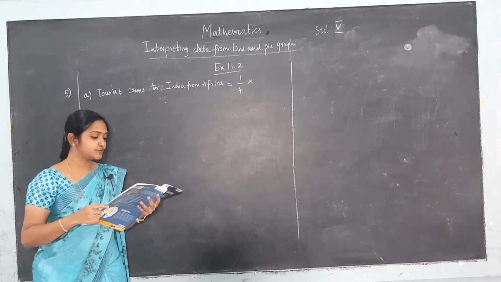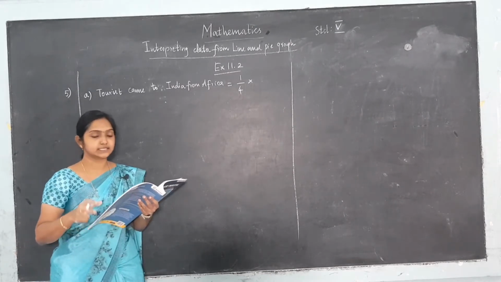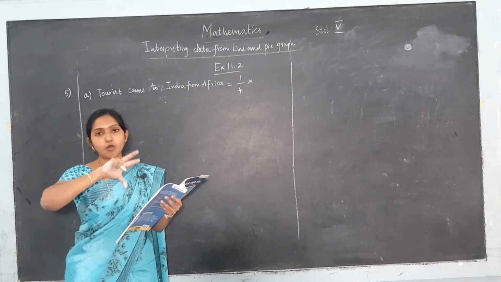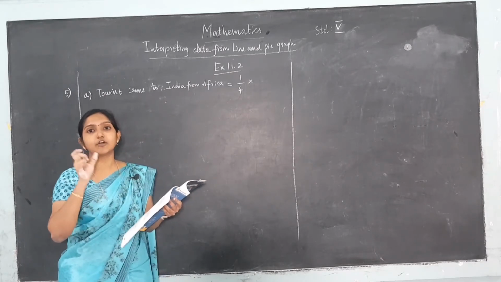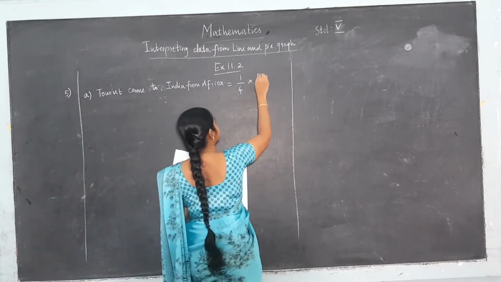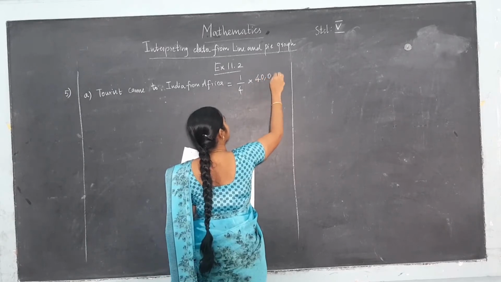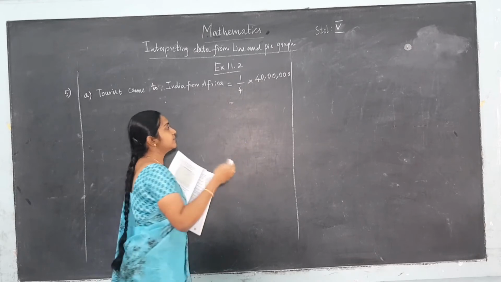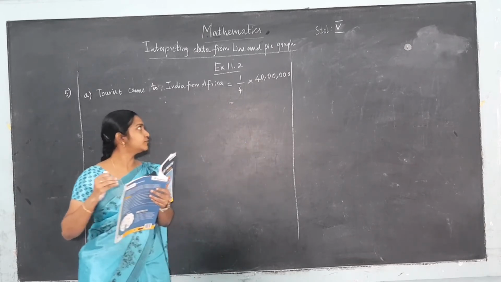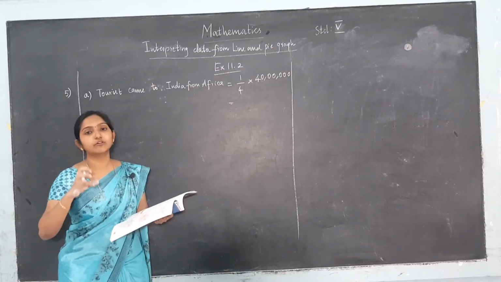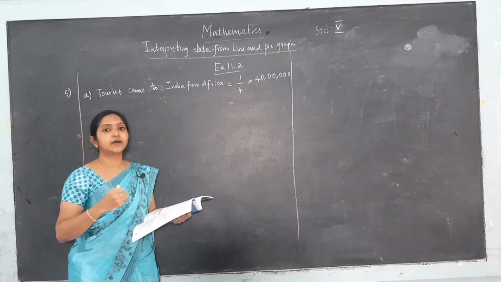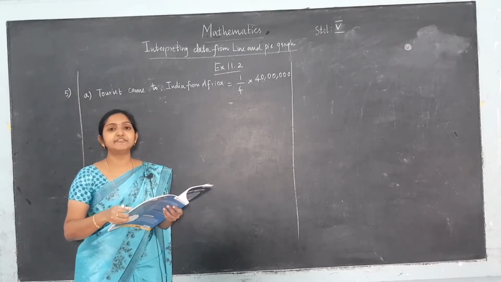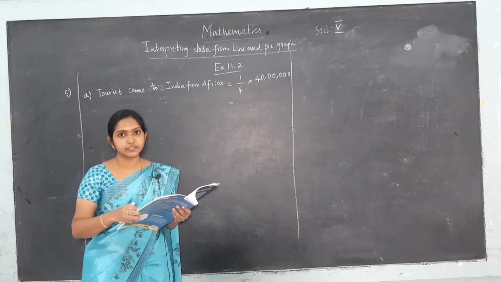With that, we have to multiply 40 lakhs because in the pie graph, the whole circle represents 40 lakhs. From 40 lakhs, we have to find 1/4 of 40 lakhs, because Africa is 1/4 of the given circle.